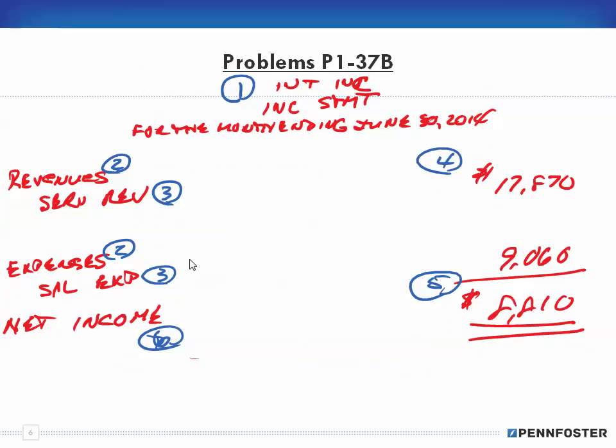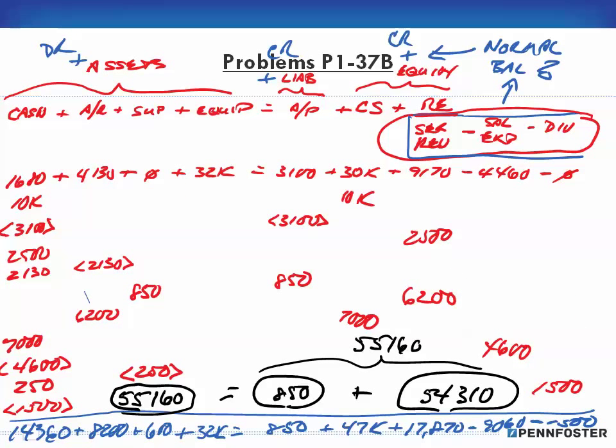And you can see those here at the bottom of your ledger accounts, the balances in your ledger accounts. It's this 14,360, 8,200, 600, and 32,000. That's where I got those numbers from.